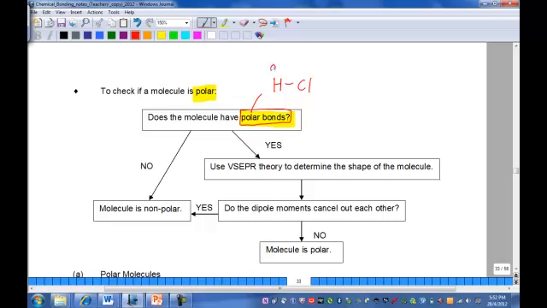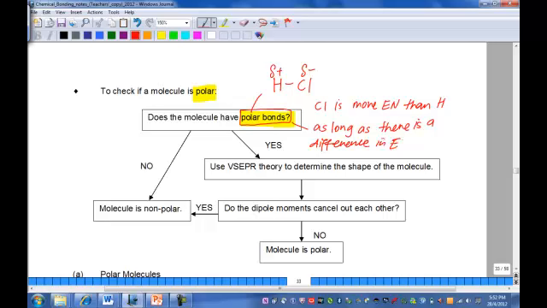We have delta plus and delta minus here because Cl is more electronegative than H. So for polar bonds, it will be polar as long as there is a difference in electronegativity of the two atoms.